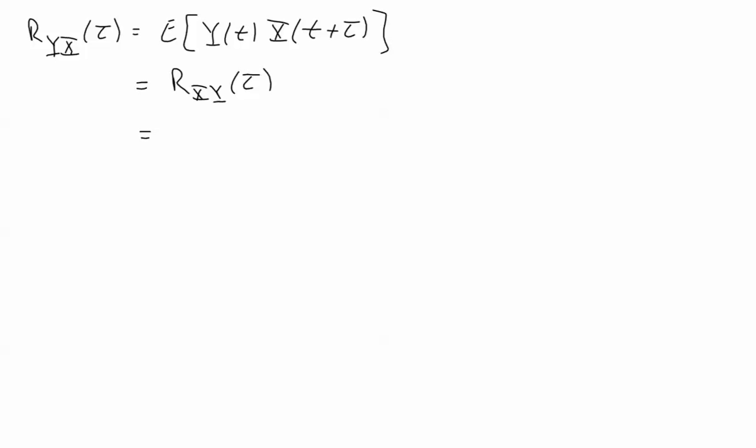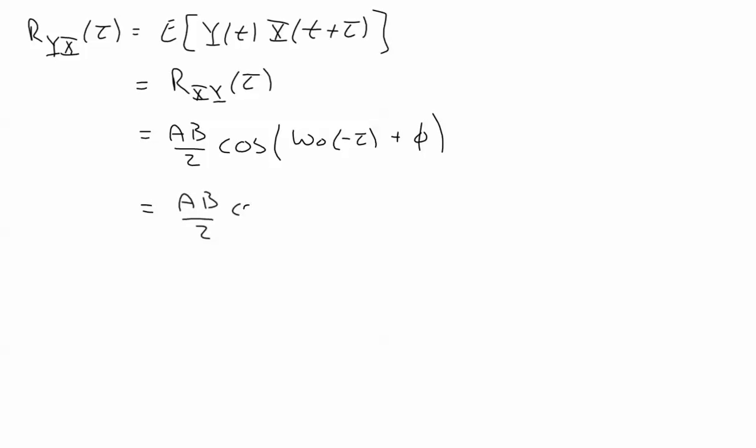And so that's going to be a b over 2 cosine omega naught times minus tau plus phi. Pull out a minus sign, and remembering that cosine is an even function, I get a b over 2 cosine omega naught tau minus phi.